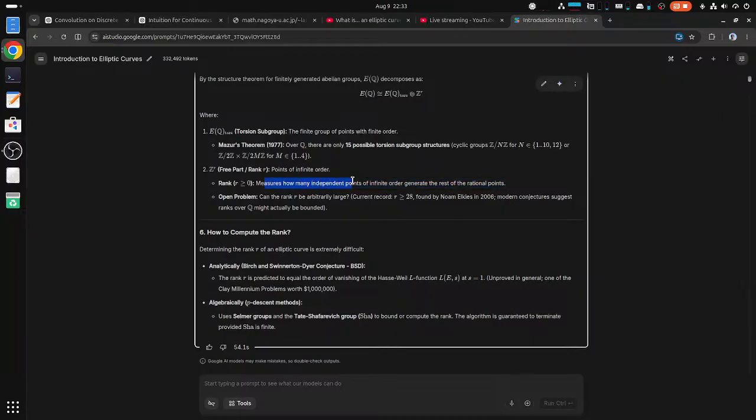The rank measures how many independent points of infinite order generate the rest of the rational points. Open problem: can the rank R be arbitrarily large? Current record.